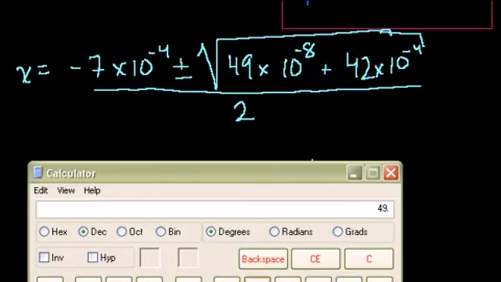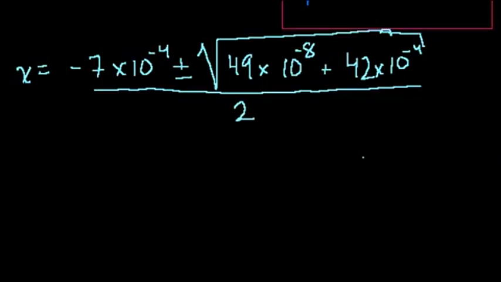So 49e negative 8, plus that small number, plus 42 times 10 to the negative 4, is equal to that. So that's this value right here. And now we want to take the square root. So to the 0.5 power is equal to 0.06.